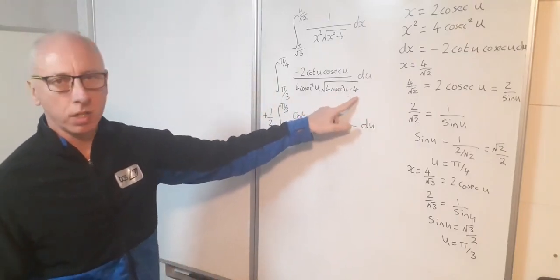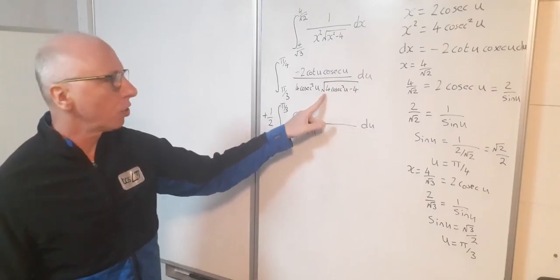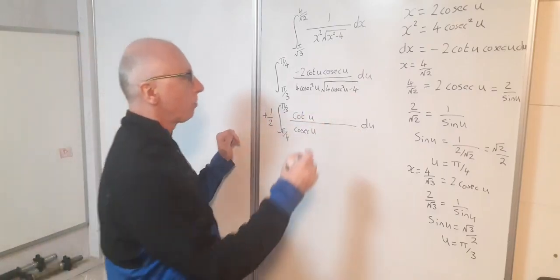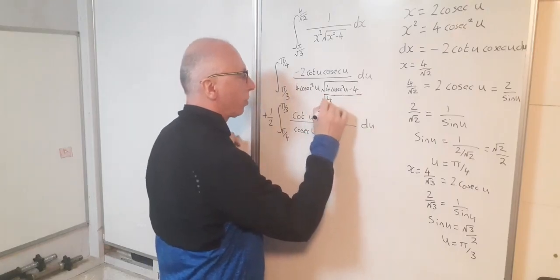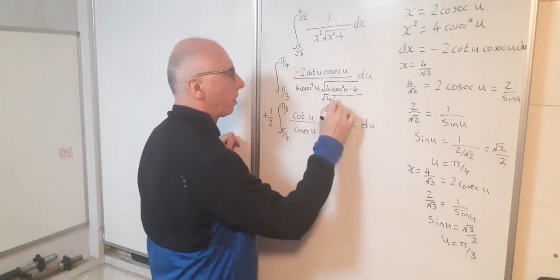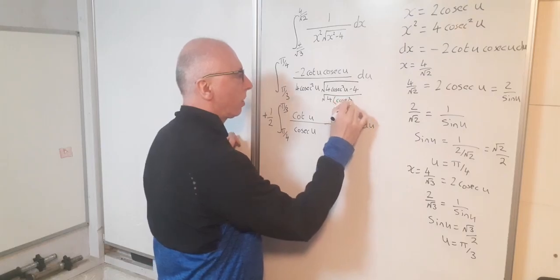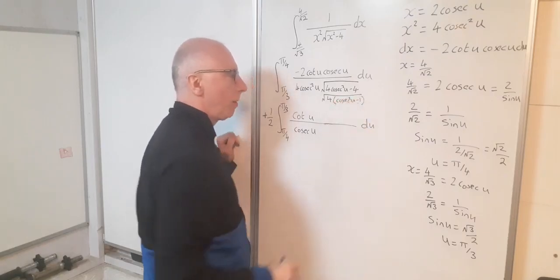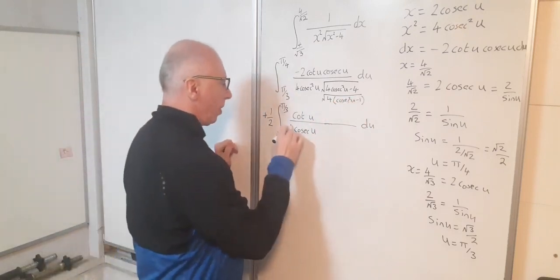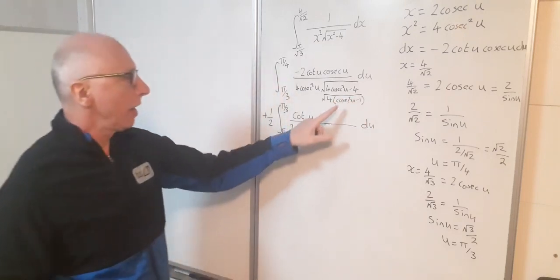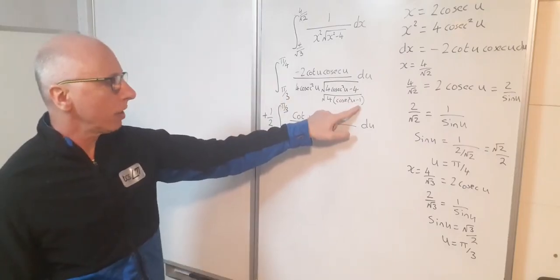Now 4 is a square number, so I could take a 2 out of that. If I just write this underneath, I've got 4, and then I'll have cosecant squared u minus 1. So I could bring a 2 out, so let's put that in front here. And then cosecant squared u minus 1.